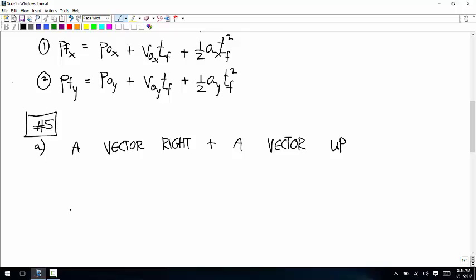You could have a tiny vector to the right added to a big vector up, and your resultant vector would be basically just straight up, right? It could be as close to perfectly up as you want, just based on the ratios of those. Or you could have the opposite extreme where you have a big vector to the right and a tiny vector up.